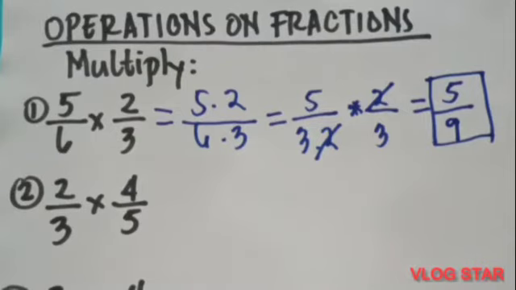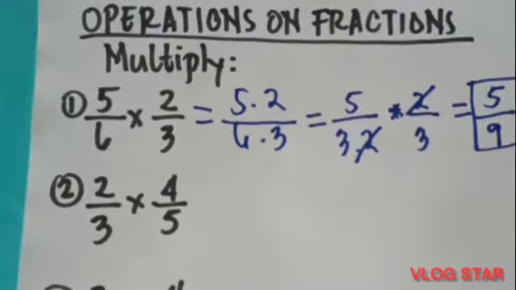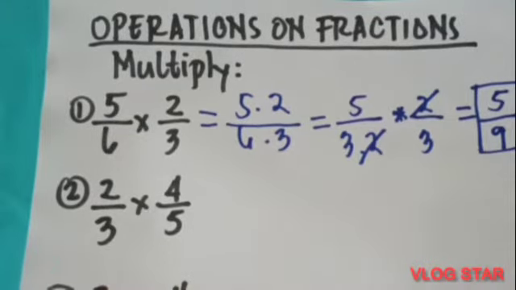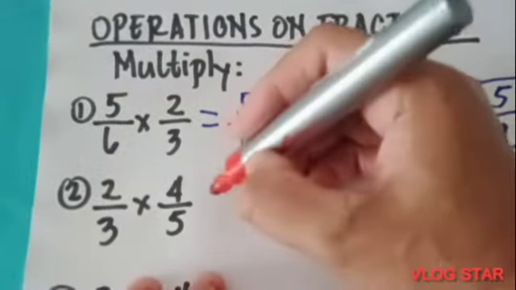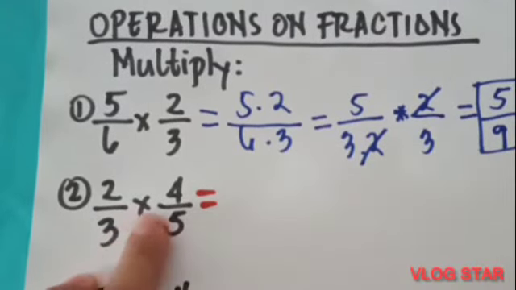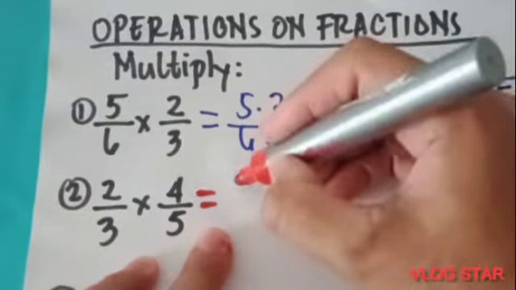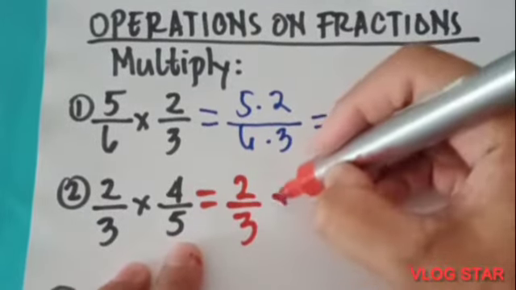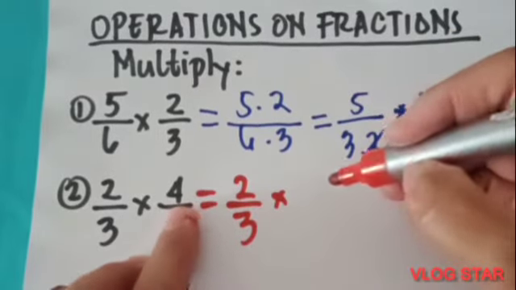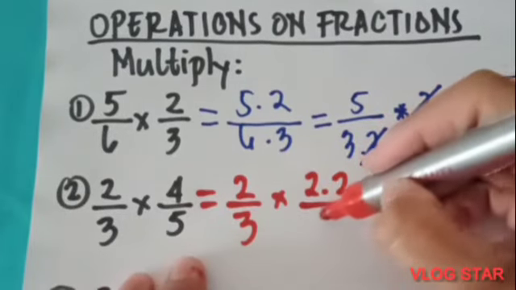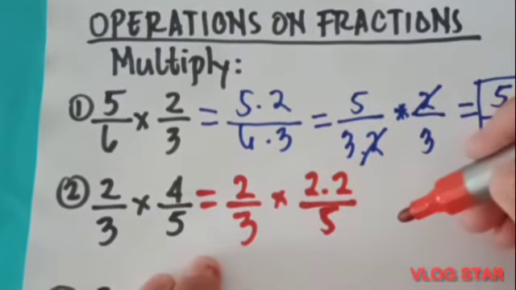Sumunod, sa example number 2 naman, mayroon tayong 2/3 times 4/5. So, kung proceed tayo sa prime factorization, kung ang 2/3 ipafactorize natin is 2/3 pa rin, times, yung 4 is 2 and 2, yung 5 is 5 pa din.